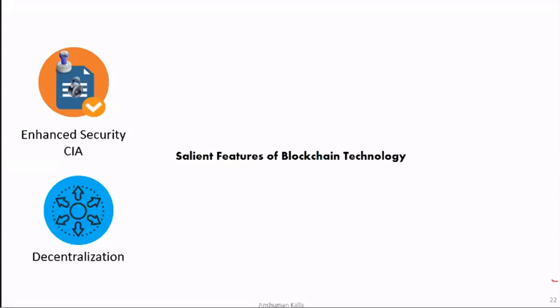If somebody wants to attack and alter the blockchain, they have to do it for more than 50% of the nodes, so that the majority of the nodes are modified. Theoretically that is a possibility, but practically it would be impossible to attack all the nodes across the globe and alter the blockchain. So it has enhanced security.